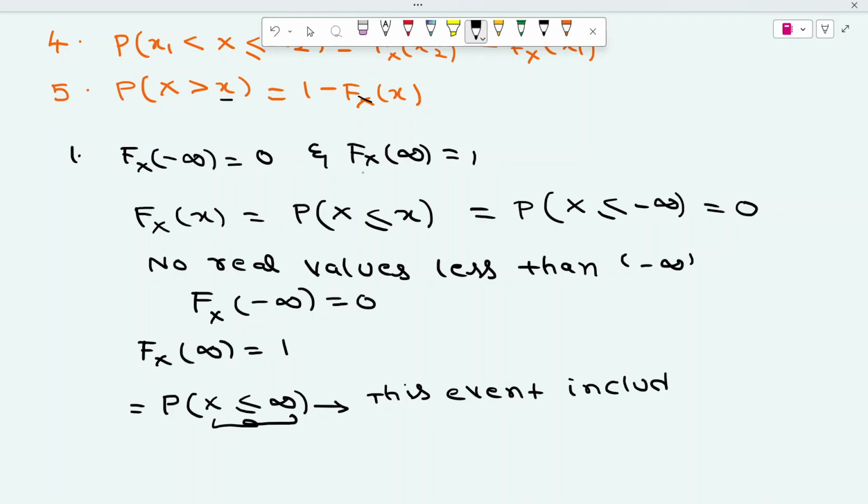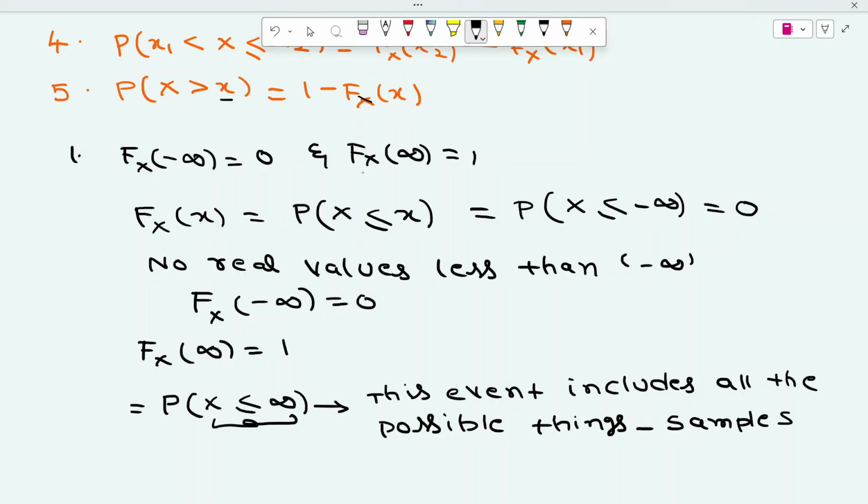This event includes all the possible things, that is, all the elements in the sample space.